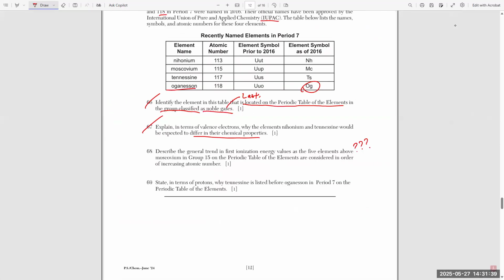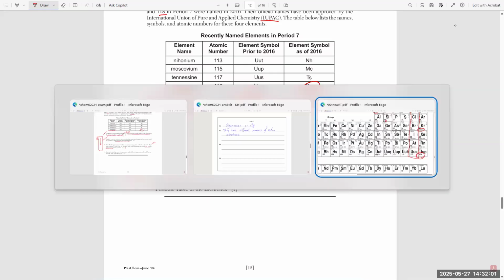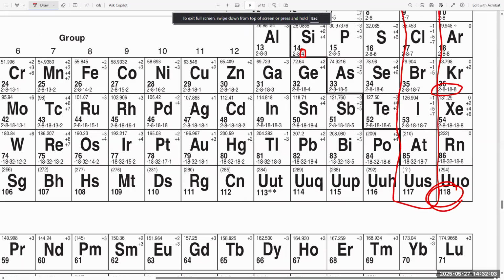It's just asking you a general trend in atomic theory. It's asking you what happens to the ionization energy moving down, from top to bottom, because increasing atomic number means you're going down in a group.